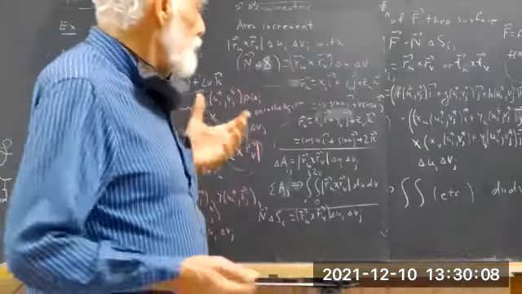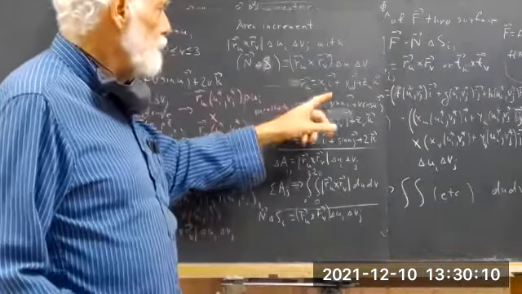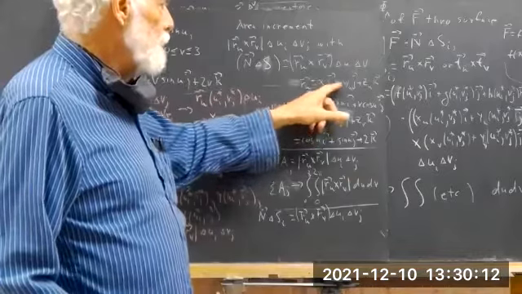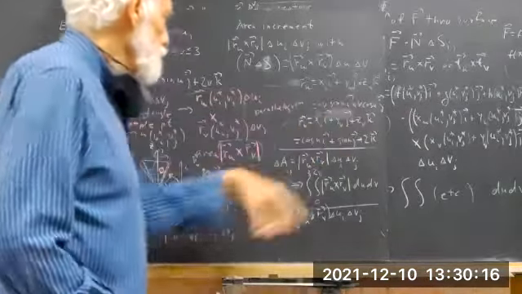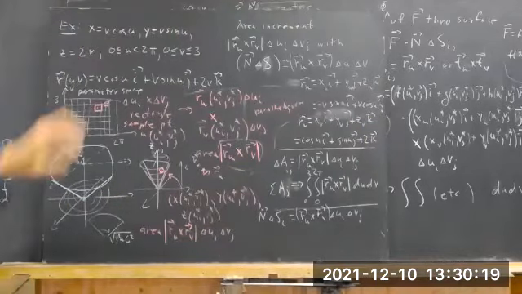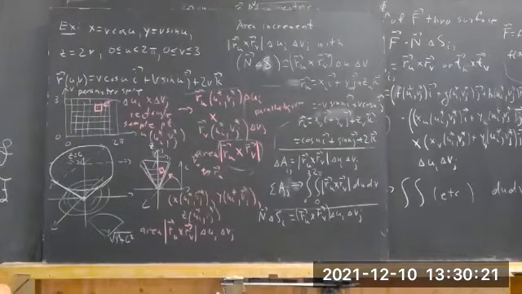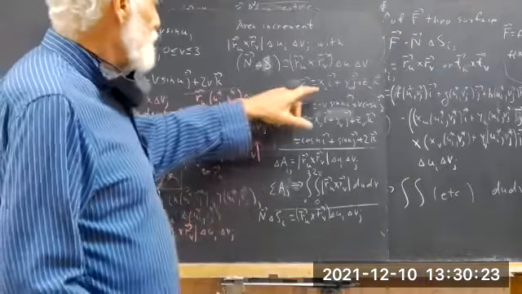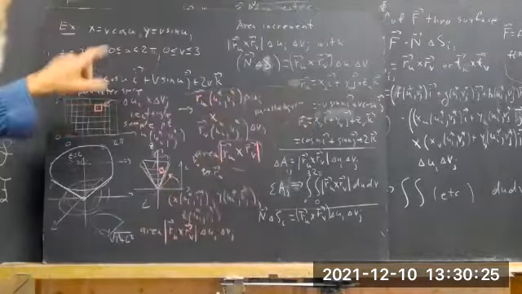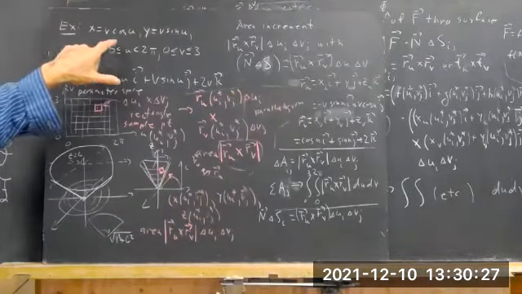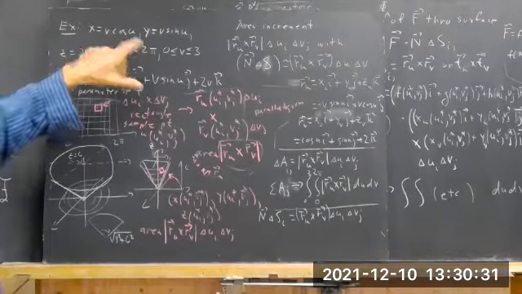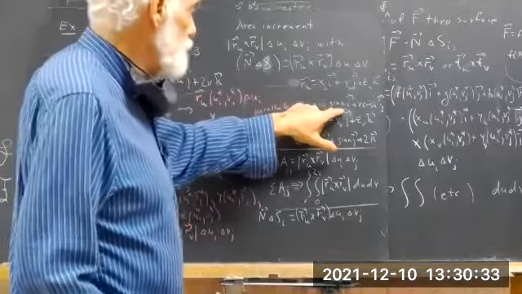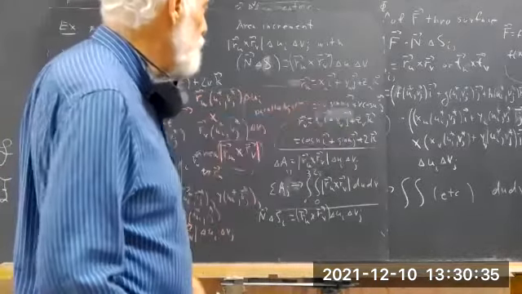But now we say, okay, RU is XU i plus YU j plus ZU k. And now we're going to actually fill in what we get from the parametric equations. XU, the U derivative of X, is negative V sine U. So that's negative V sine U times the i vector.